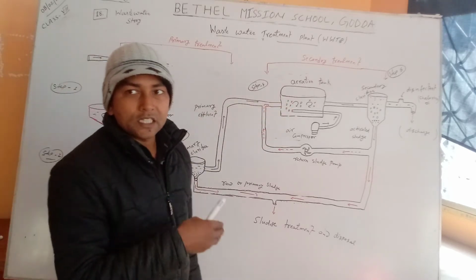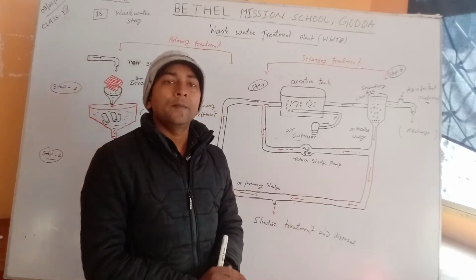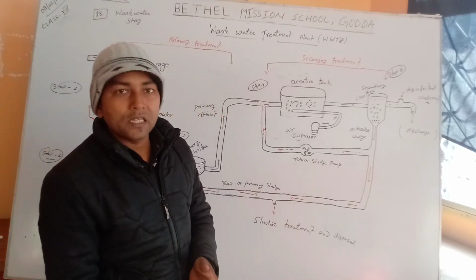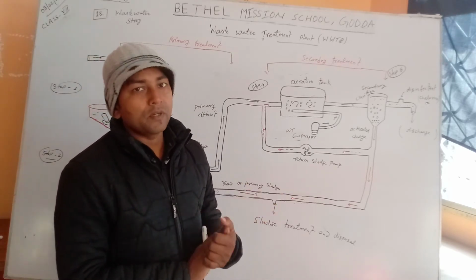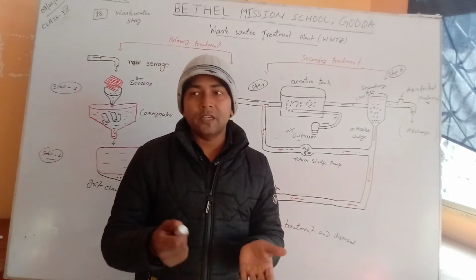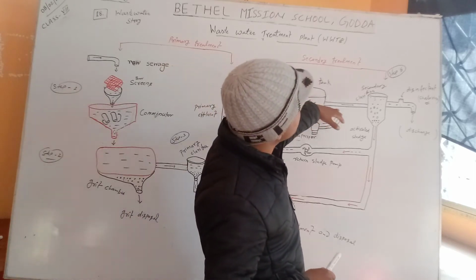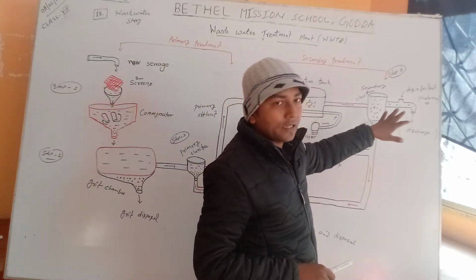Here it is mixed with air or oxygen, and due to the oxygen, aerobic bacteria act, and that bacteria decompose the human waste and also animal waste. Okay, and after that process, at last step 5, it comes to the secondary clarifier.